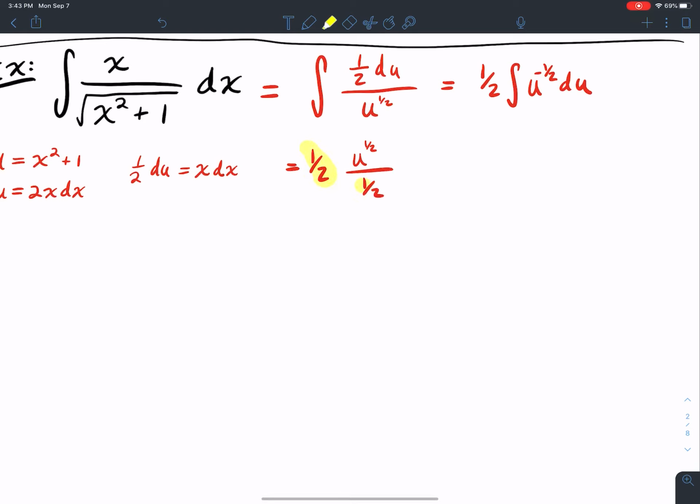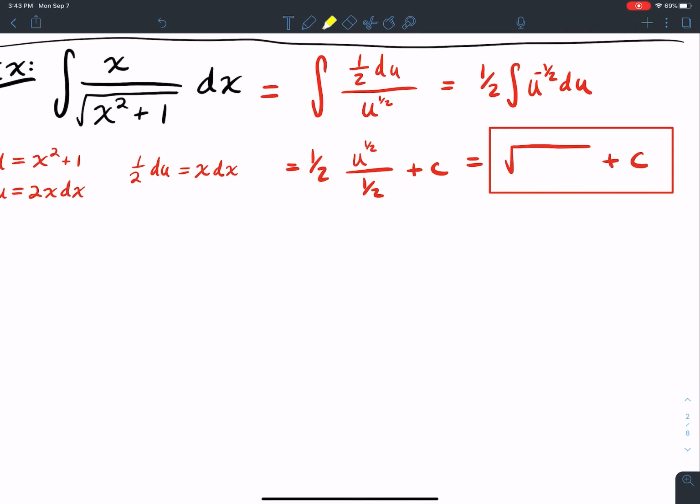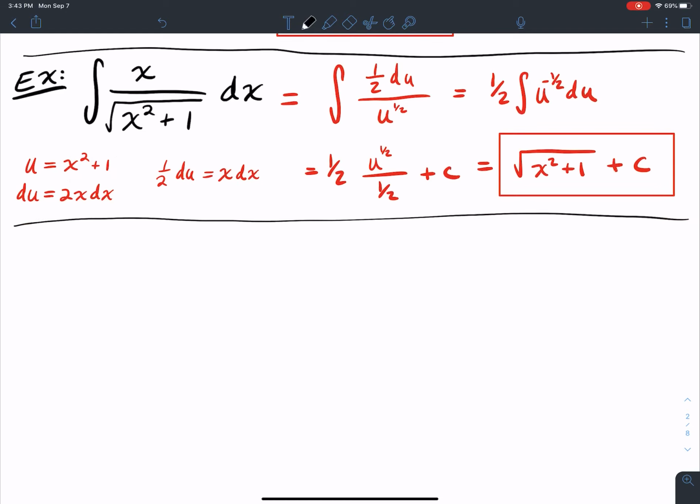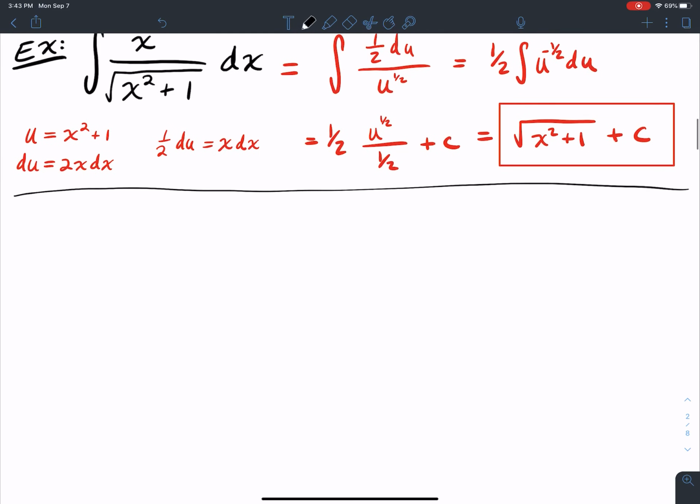But guess what? 1/2 and 1/2 cancel to just get 1. And so I have u to the 1/2 plus c. So that's the square root of u, but what is u equal to? u is equal to x squared plus 1. So the answer is the square root of x squared plus 1, plus c.